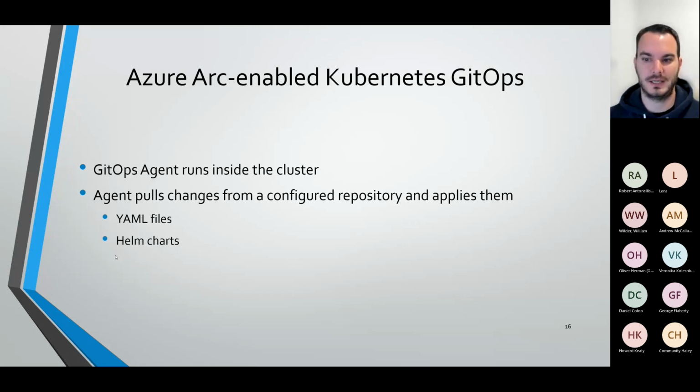Azure uses the Flux agent, and this agent runs inside the Kubernetes cluster. You configure this agent to poll a Git repository, and if there are any changes in this Git repository, the agent downloads these changes and installs them. The Git repository can contain YAML files or Helm charts.